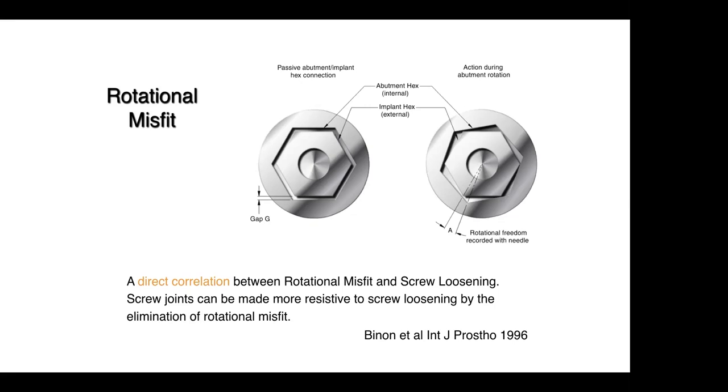This is to make sure it's fitting, because without this intentional gap, the abutment just would not be seated all the way down on the platform of the implant. We need some gap to make sure the abutment surface and the platform meet together completely.